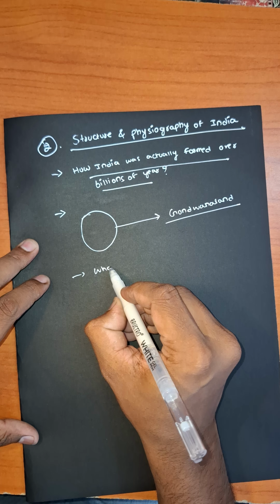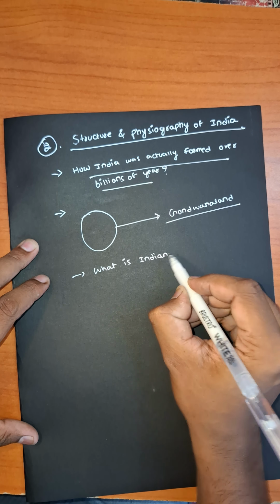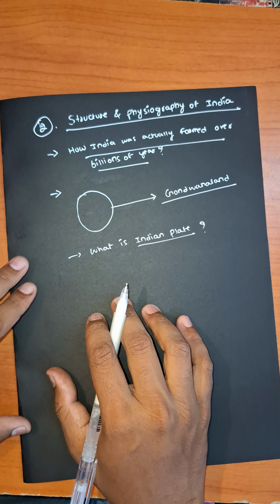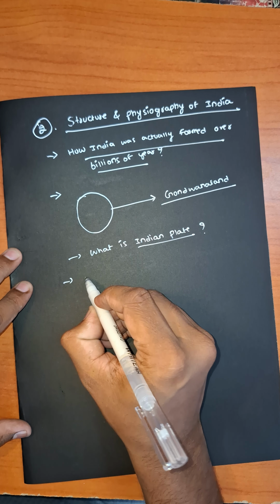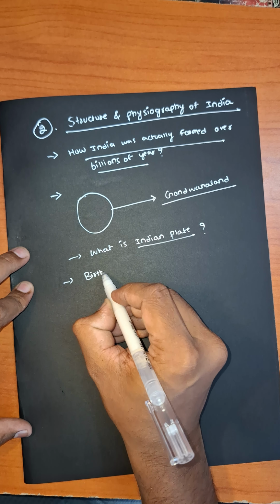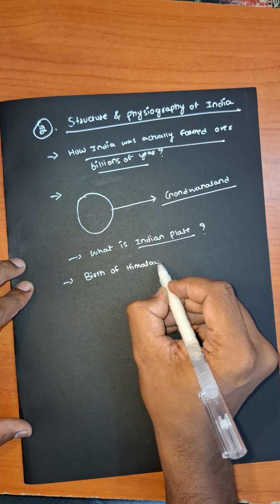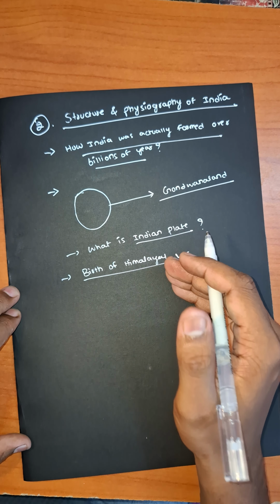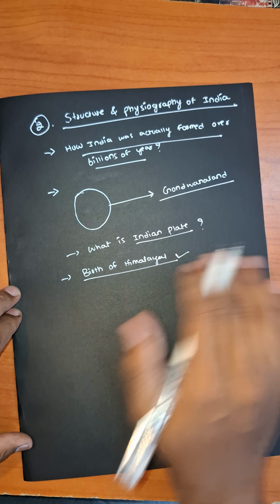Okay, we're going to understand what the Indian plate is, the movement of the Indian plate. Is it still moving? And then the birth of the Himalayas. We're going to see the birth of the Himalayas in very detailed manner. Okay, and then we're going to discover how rivers shaped the fertile northern plains.